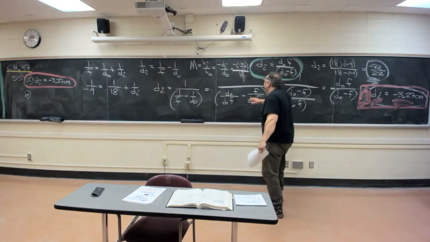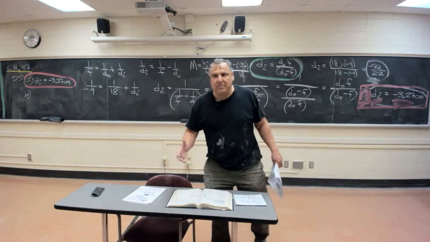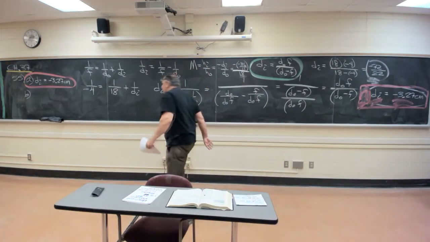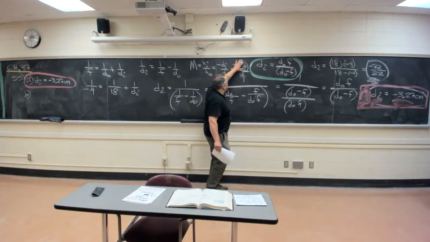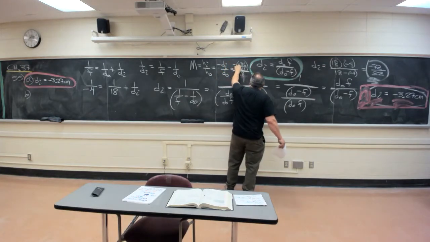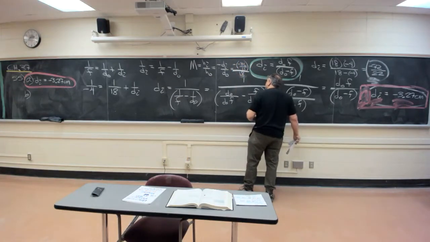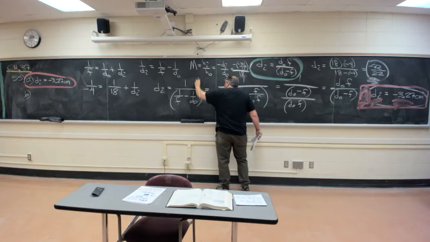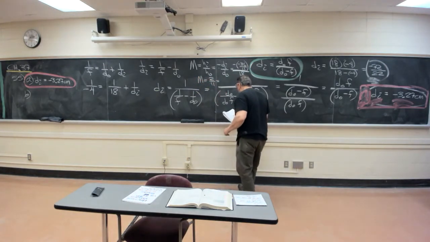Why did I leave it as a fraction? A lot of times it's easier to do the mathematics with fractions, because the cancellations happen and are easier to visualize. That's up to you. Negative of a negative is positive, so 36 over 11 divided by 18 is 2 over 11. M equals 2 over 11, which is equal to 0.182.